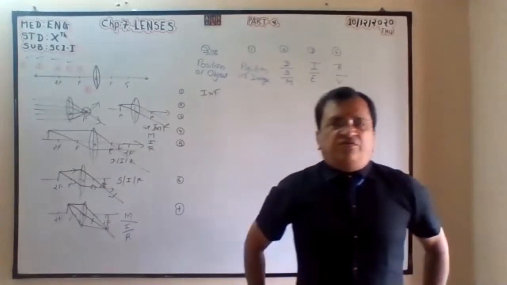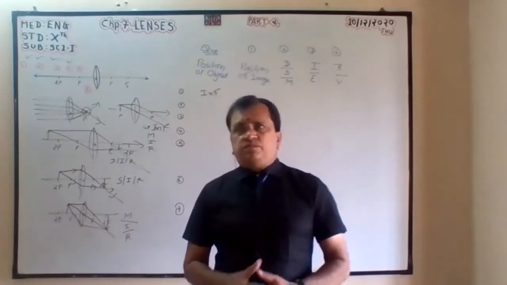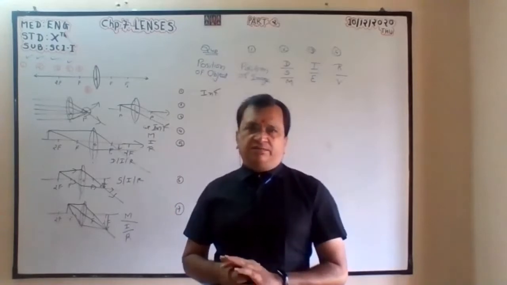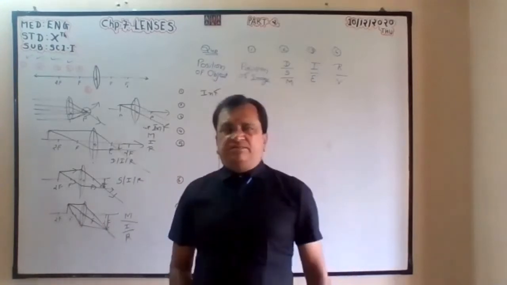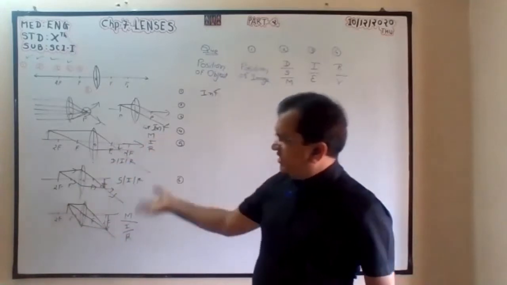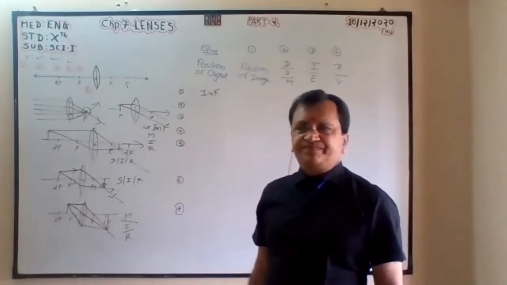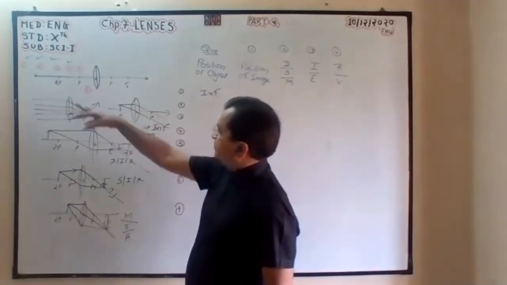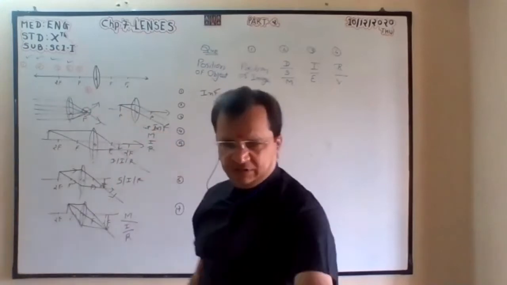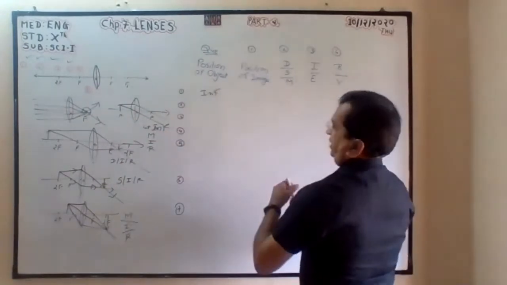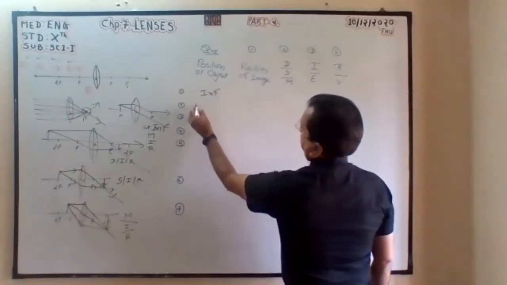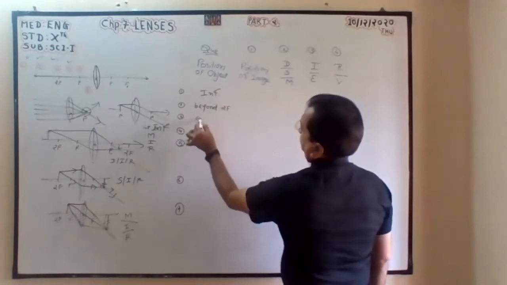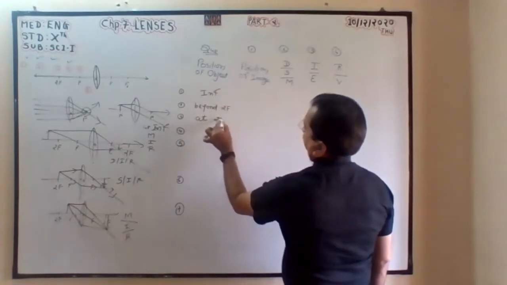Now, a very important part: how to complete this table without a diagram. With a diagram, you will get answers very easily. You have to remember this sequence. First is infinite. Second position, beyond 2F. Third position, at 2F.